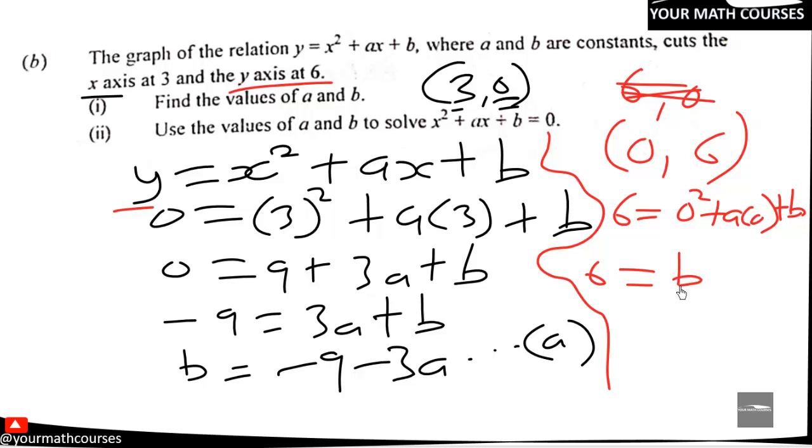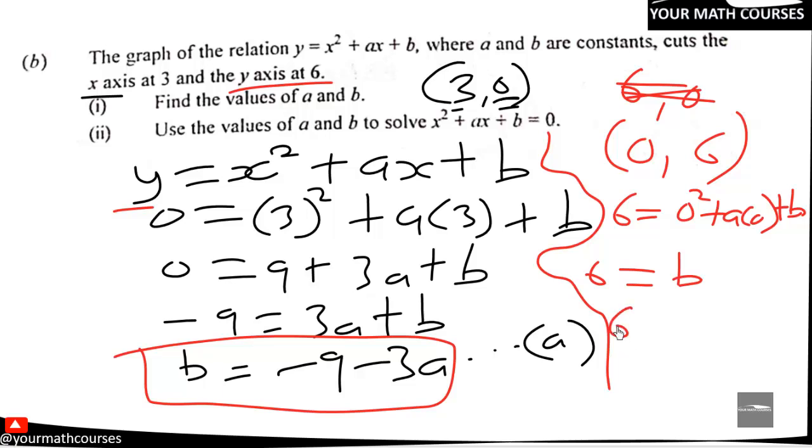If b is 6, then we can put b equals 6 into this equation. That will give us 6 is equal to negative 9 minus 3a.